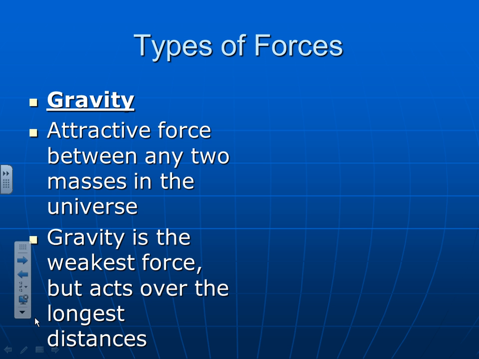So gravity is a relatively weak force. But we don't think of it that way because it's the one we're most familiar with. It acts over a very long distance. So even though gravity is comparatively weak, it does act over very long distances, like our solar system, or the galaxy, or the universe itself. And we talked about how it might affect how the universe ends and stuff like that.